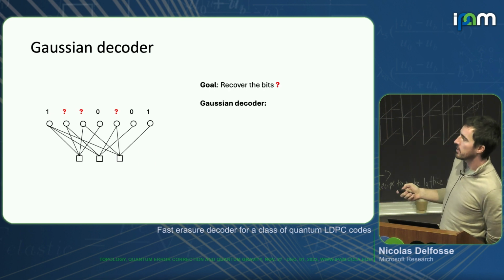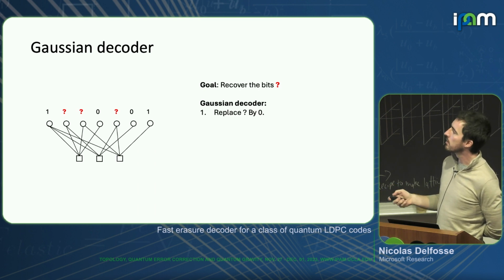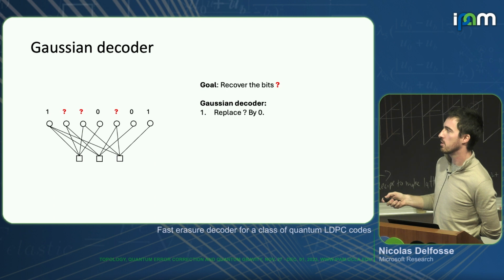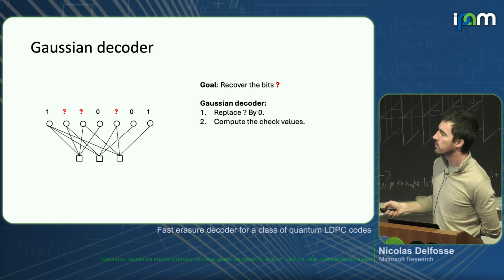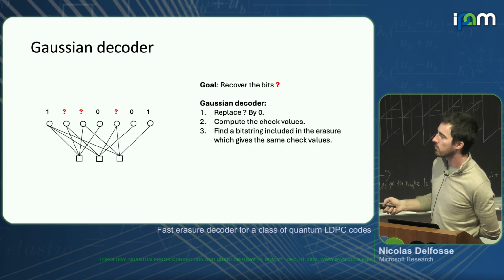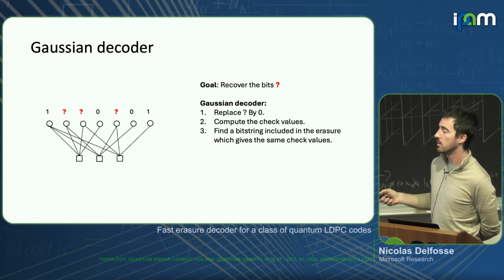I'm going to call that the Gaussian decoder because it's basically running Gaussian elimination. We will start by replacing those question marks by 0. We keep in mind where the question marks are, but let's assume it's a 0. And now we can compute the check values. So if I compute the check values, I get 3 parities, and I'm going to look for a bit string inside those 3 erased bits that gives me the same check values. Why?